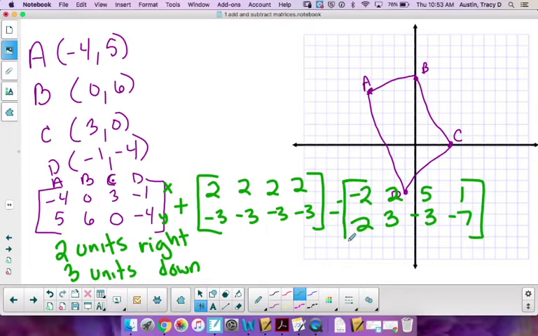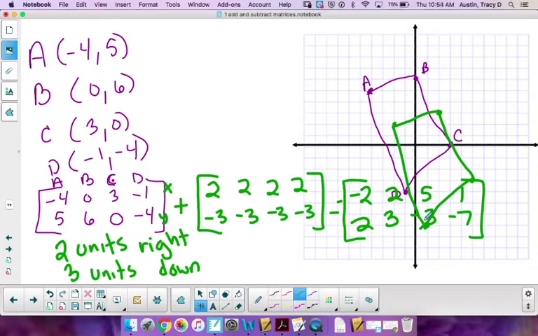So that would be where my new matrix points would have to be. So -2, 2, 2, 3, 5, -3 is right there, and 1, 2, 3, 4, 5. It's going to be right in the middle of where my work is. But that is the new matrix as far as the transformation.